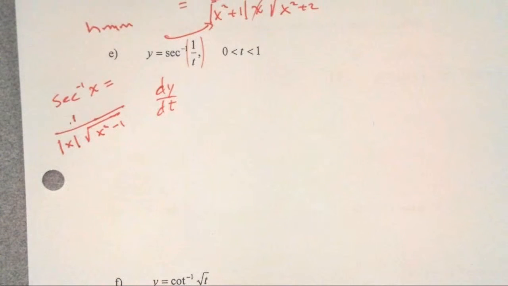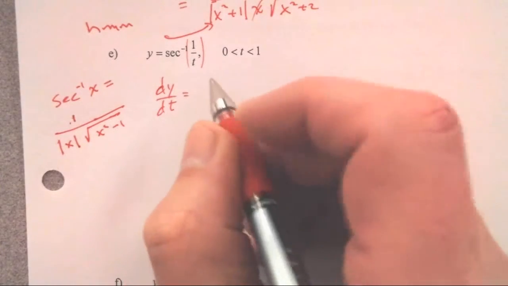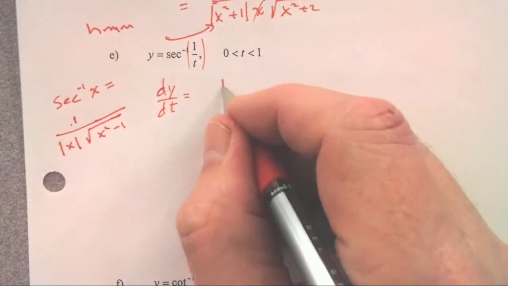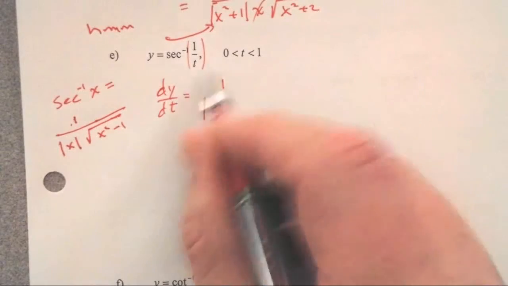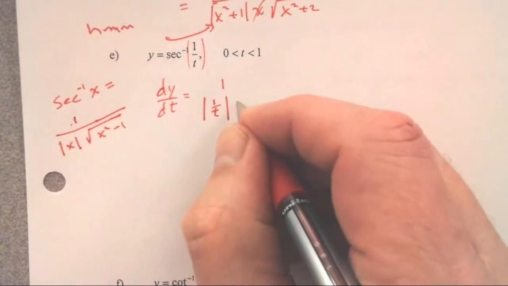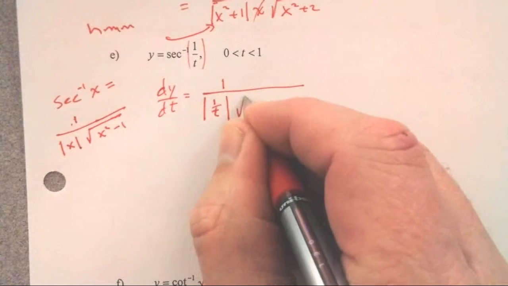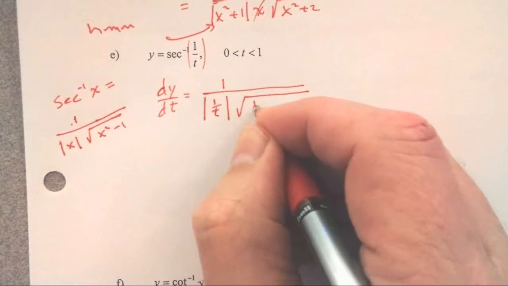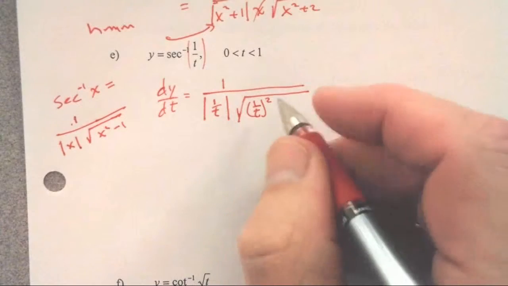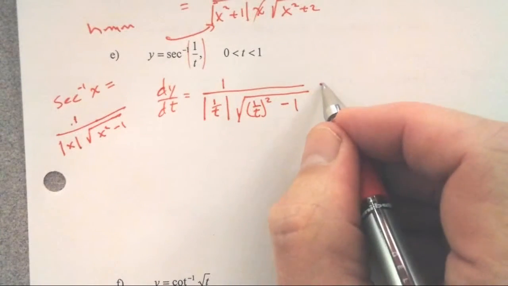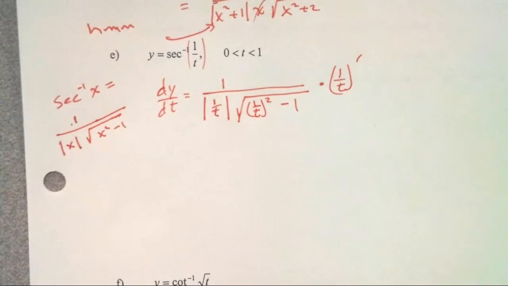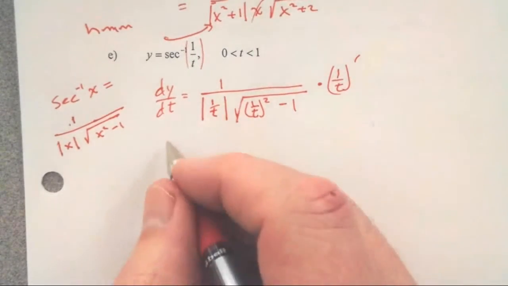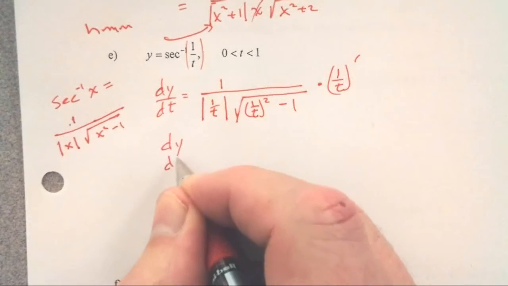You could use a u substitution here. dy dt, secant inverse, that becomes 1 on absolute value of 1 on t, my baby function, times square root of 1 on t squared minus 1 times, I'm just going to do this, 1 on t's derivative. Not going to try to be a hero and do 7 steps in one this time.